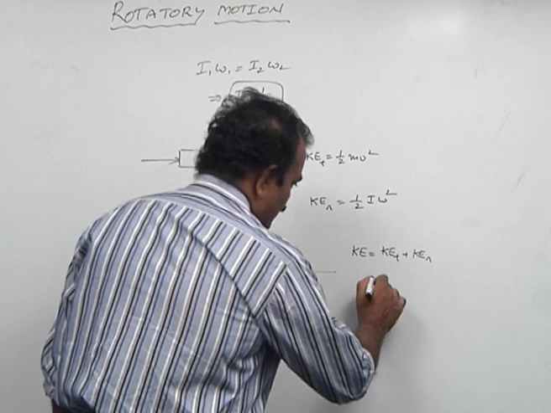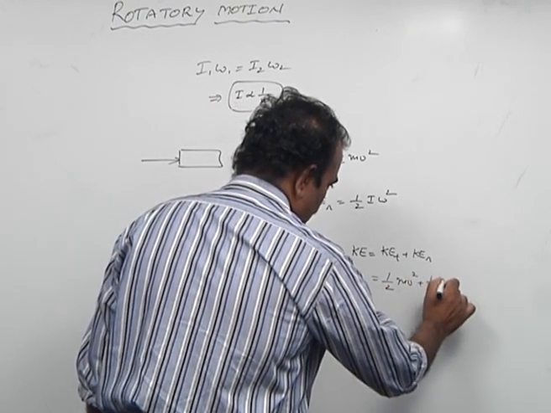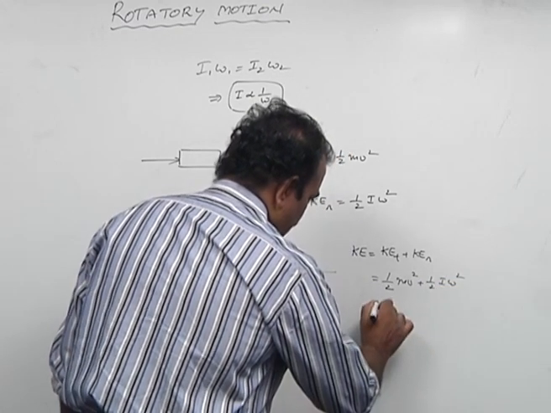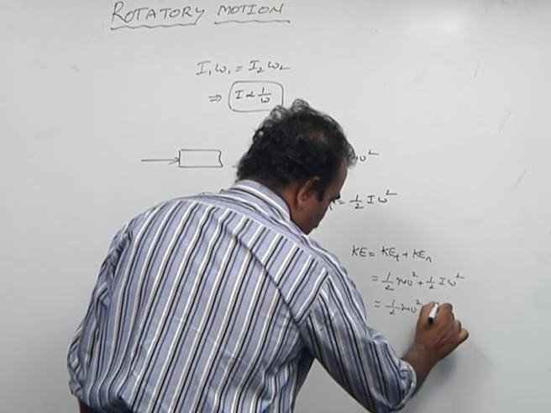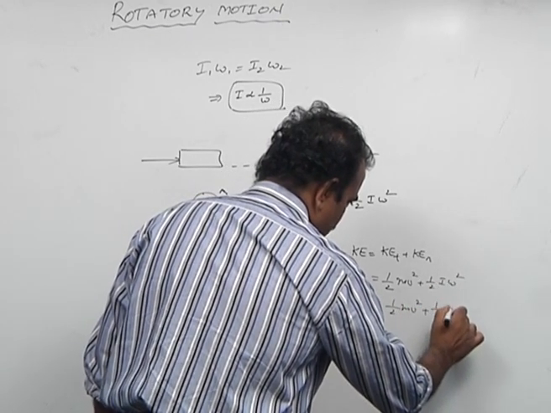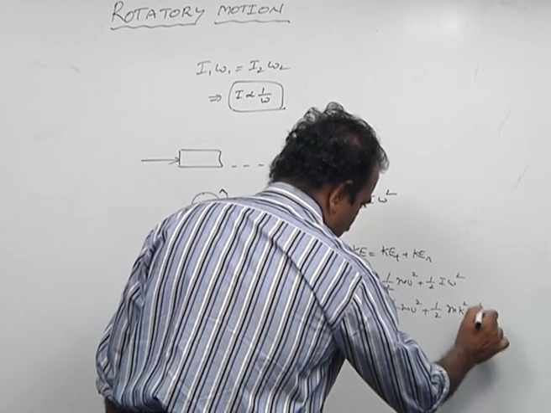So that's why it is 1 by 2 mv square and thereafter 1 by 2 I omega square, and I is mk square, omega square is v square by r square.